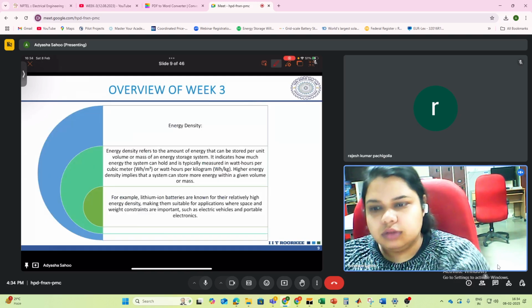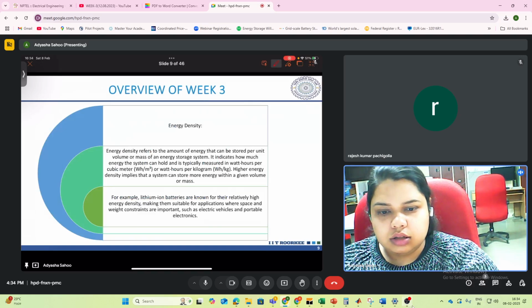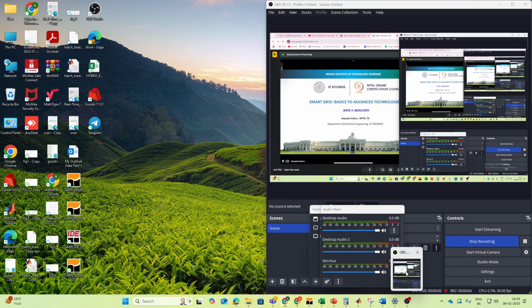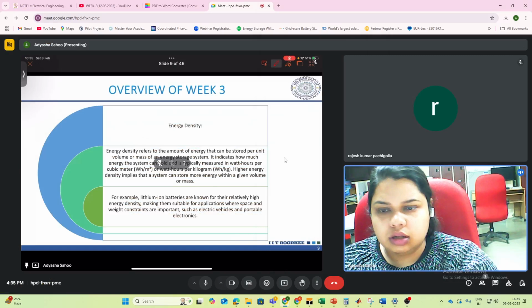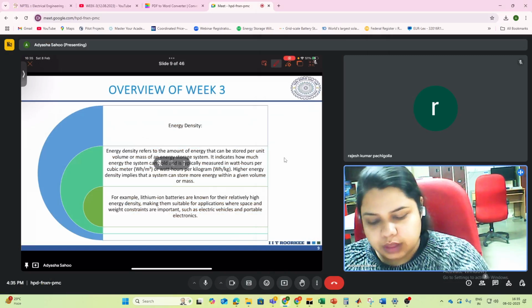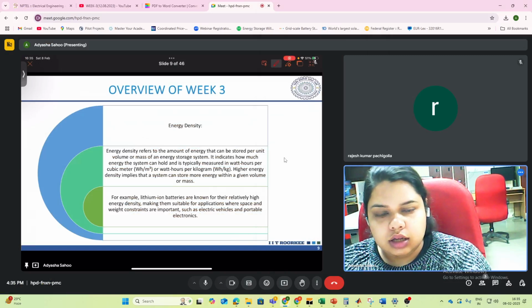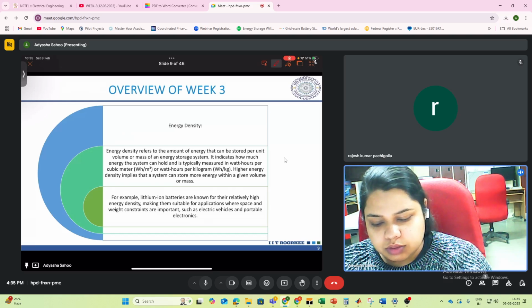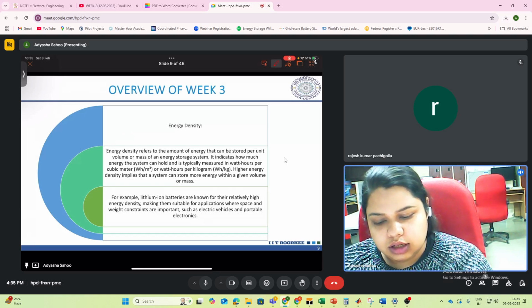Next we discuss the characteristics of the energy storage. Basically, the two characteristics are the energy density of a storage and the power density. In energy density, we see how much energy can be stored, that is energy per volume or per mass.